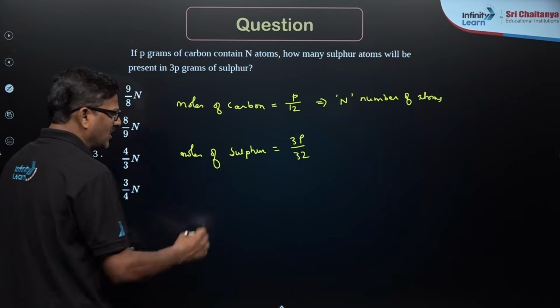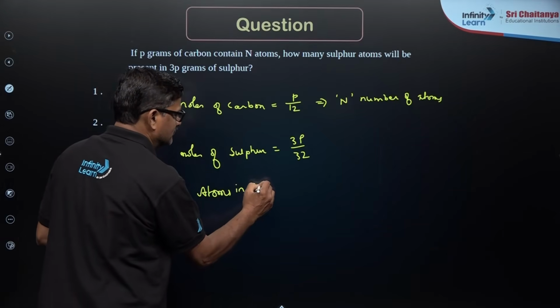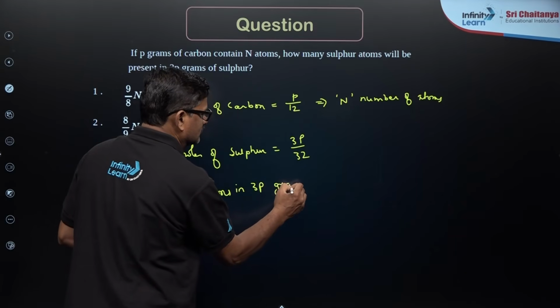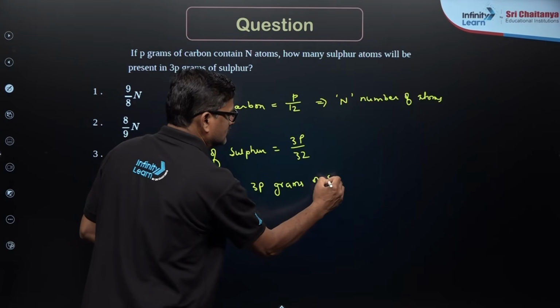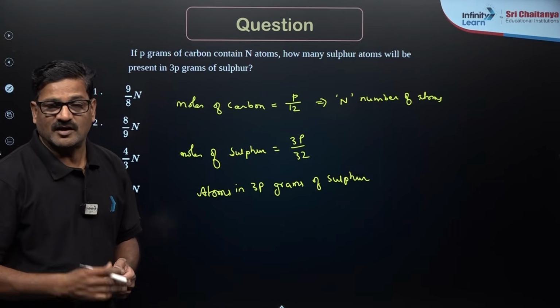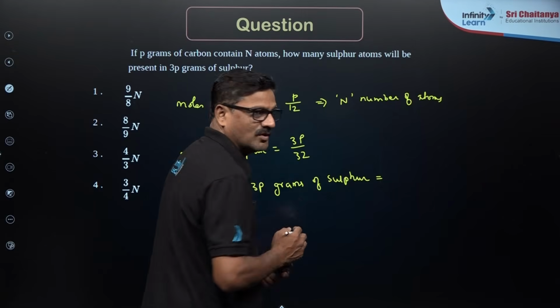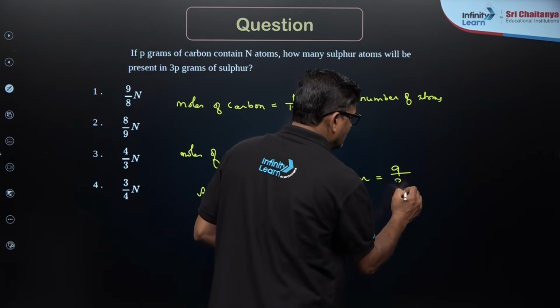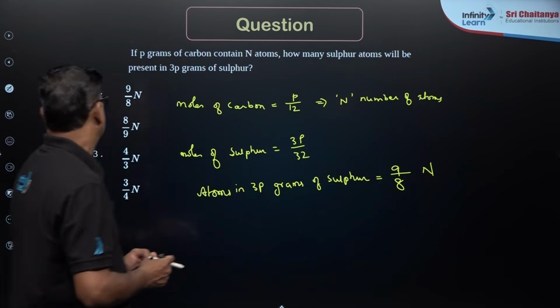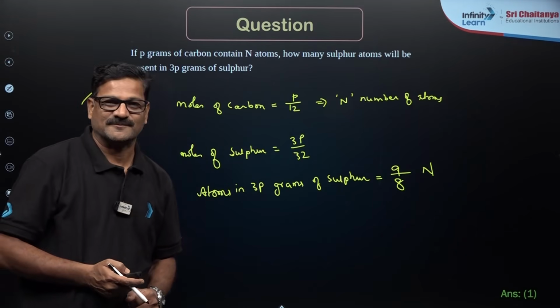So atoms in 3p grams of sulfur is equal to 9 by 8 times of 9. So the answer is going to be option 1 is the correct answer for this question.